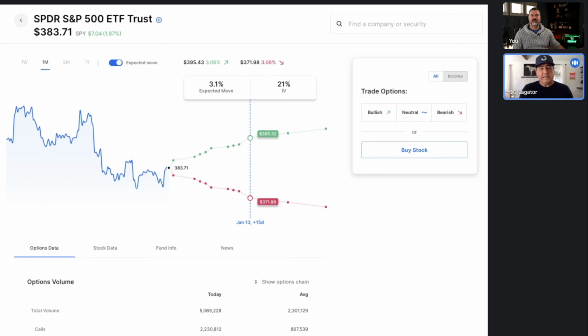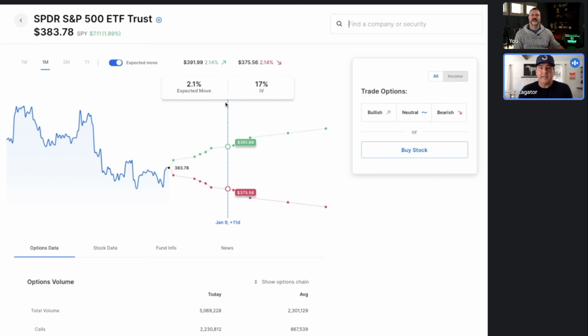And then when you look at retail, it's a lot of people scanning a chain, looking for some call that they can afford. The downside of that is that's probably like a 10% probability of profit trade, and that's not sustainable. So when we set out, we said, let's focus on some of the most commonly traded spreads and make it easier for people to get to those trades.